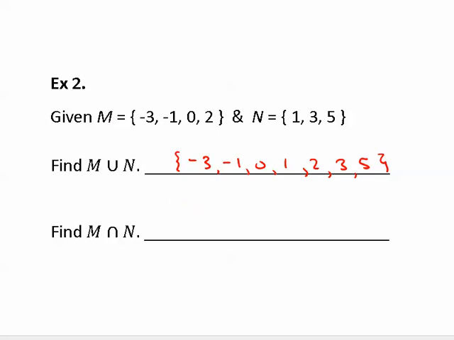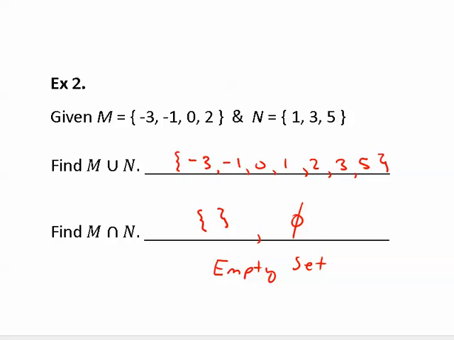So since there's no element that belongs in both sets, what we do is we simply write an empty set. An empty set can be written one of two ways, either 2 brackets with nothing inside, or we could have this symbol here, which is kind of an O with a line through it. So these both represent what we call the empty set. Once again, it's the empty set because the two sets do not share any elements.